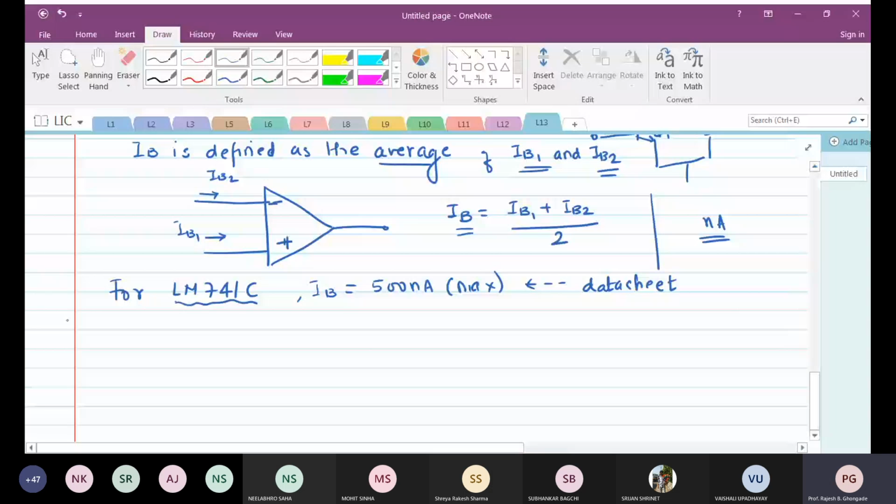Another parameter is called the input offset voltage. A very important thing.